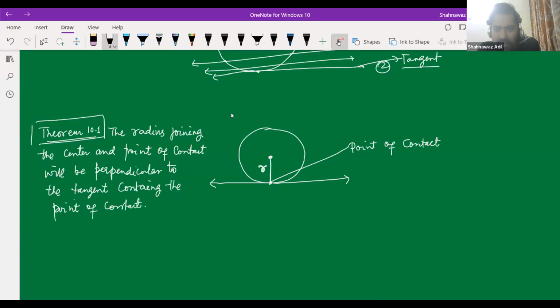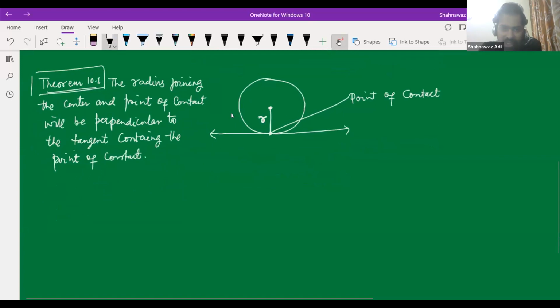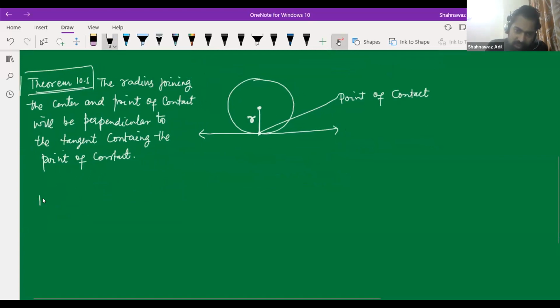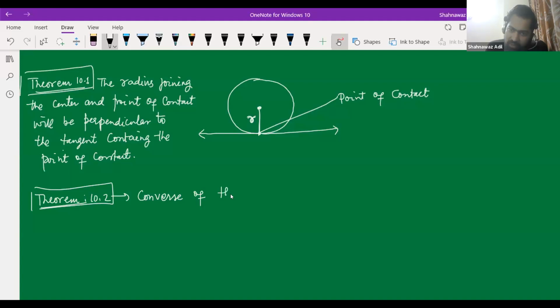And as you already know, what could be the next theorem? The next theorem is the converse of theorem 10. What does it say?